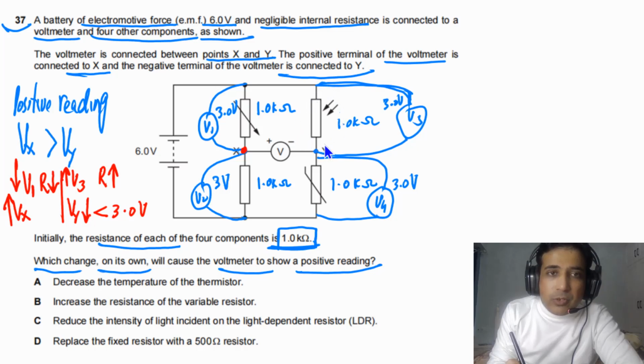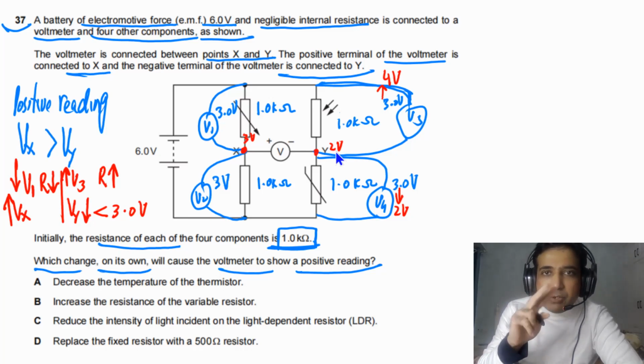If potential drop across this one is greater, reading on this one will go down. So when V3 goes up, let's say V3 increases to 4 volts, reading on this one will decrease to 2 volts. Means the reading here then will be 2 volts, and if they remain same, this is 3 volts, so there will be positive reading. So we have these two possibilities.